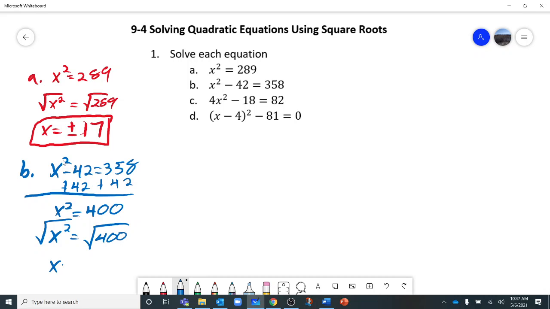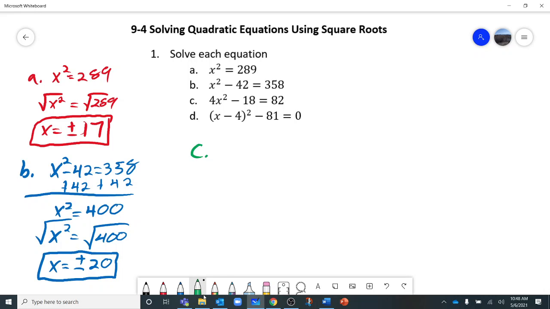And we get x equals plus or minus 20. And we could try that. Negative 20 squared is 400. 400 minus 42 is 358. Okay, positive 20 squared is 400. 400 minus 42 is 358. Okay, so both work.